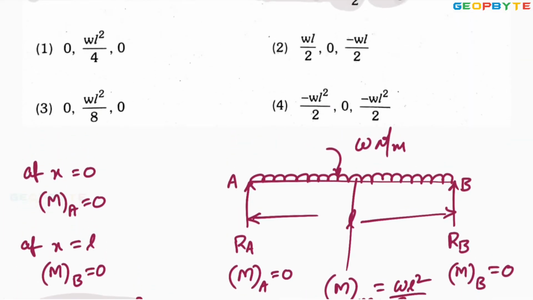Look at the options. Look at option 3: 0, WL square by 8 and 0. Therefore, the third option is absolutely correct. This kind of problem is very important. More frequently, this kind of problem is asked in different competitive exams. Let us take one more problem.